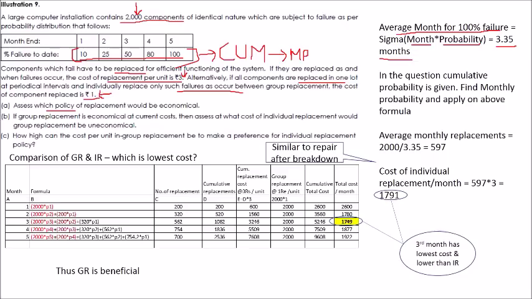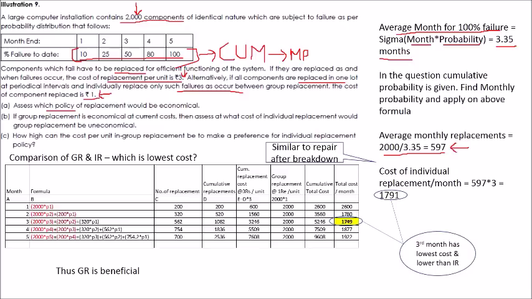Okay, so next, the average monthly replacement is going to be, you have 2000 components divided by 3.35. 3.35 is nothing but the average month for 100% failure. 2000 divided by 3.35, monthly there are going to be 597 failures.